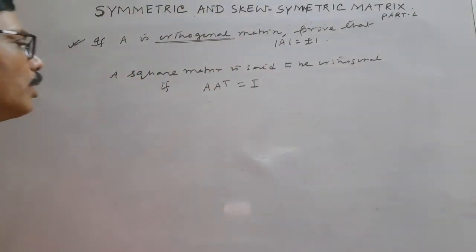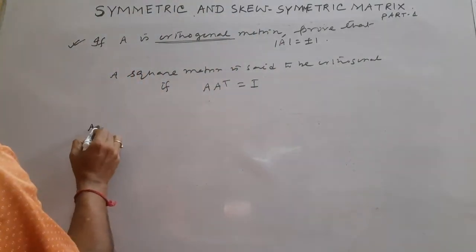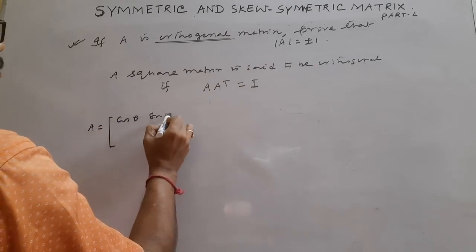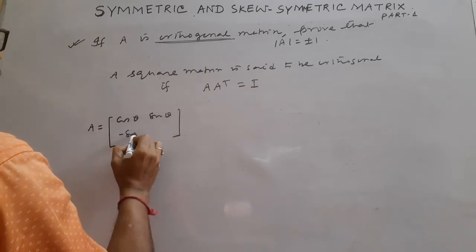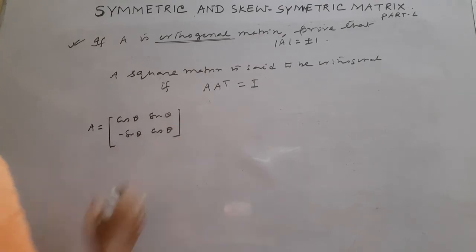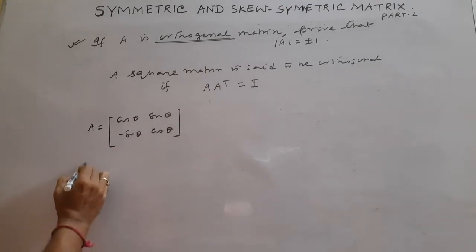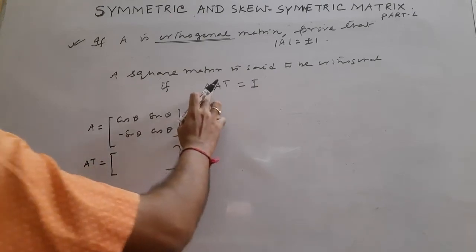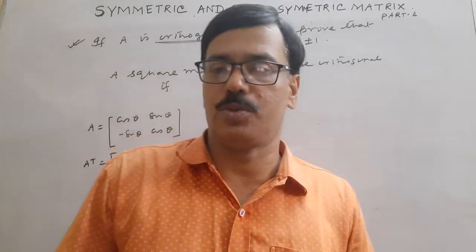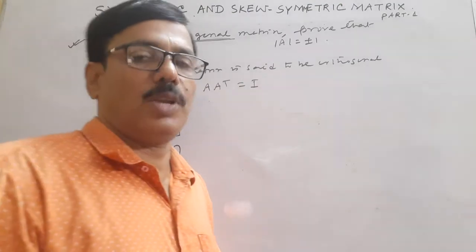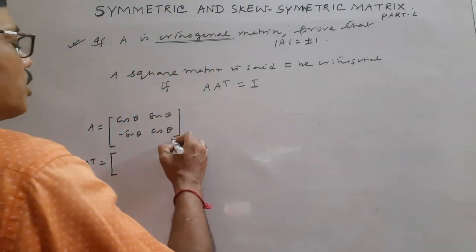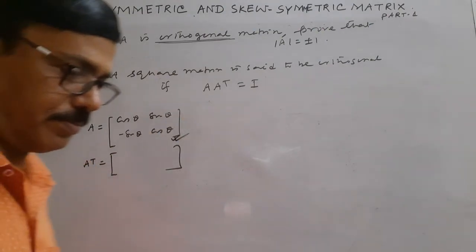Examples: look, cos theta, sin theta, and minus sin theta, cos theta. This is your home task. You calculate A transpose and verify that A into A transpose will be I. So if asked to give an example of an orthogonal matrix, this is one example.